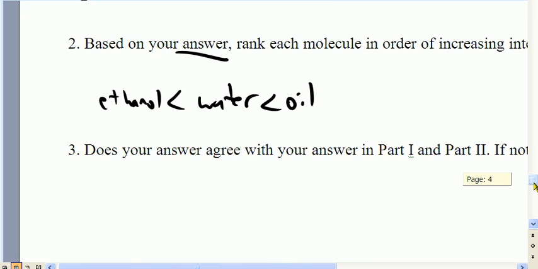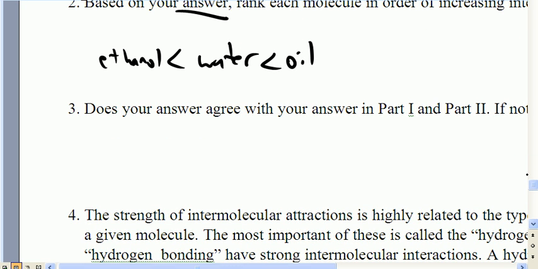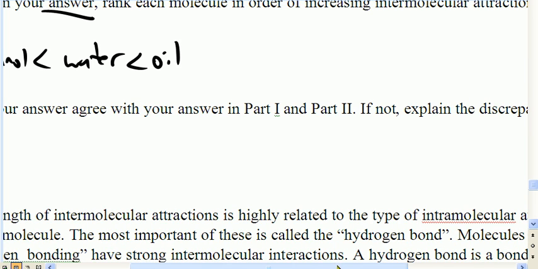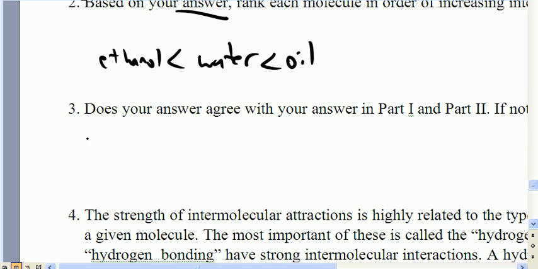So now here's where it gets interesting. Does your answer agree with your answer in part 1 or part 2? If not, explain the discrepancy.